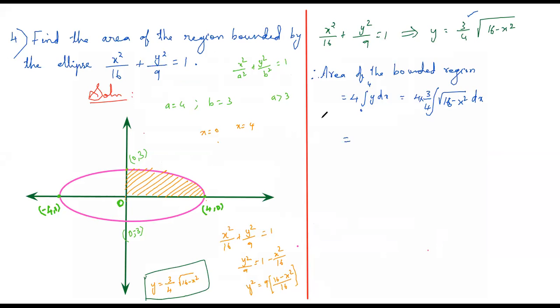Just look into it and substitute the same formula. Substituting the formula, we get: outside 4 and 4 get cancelled.